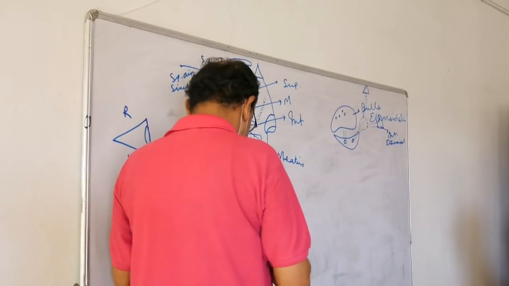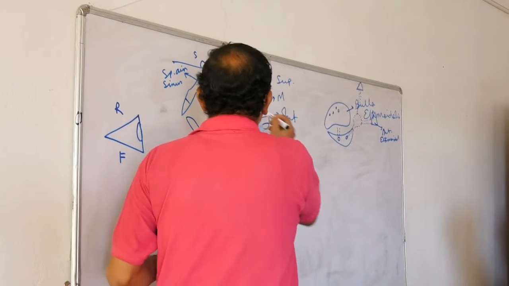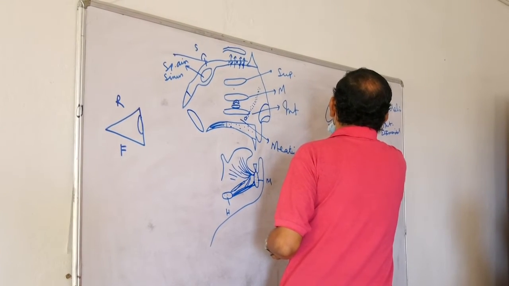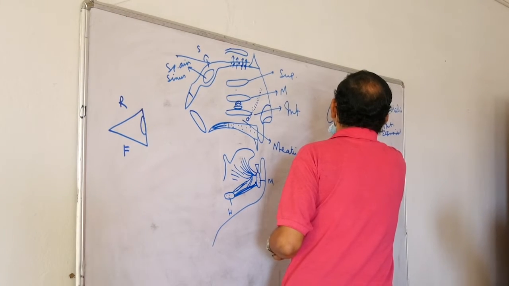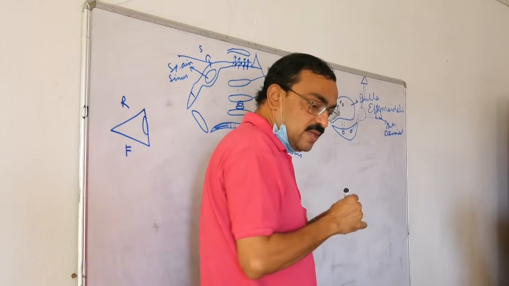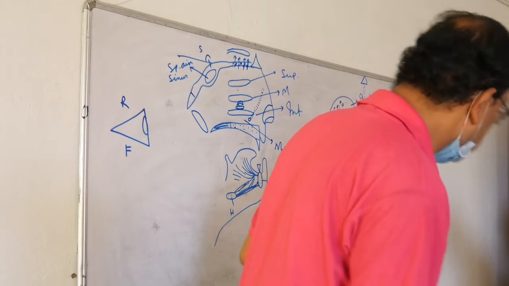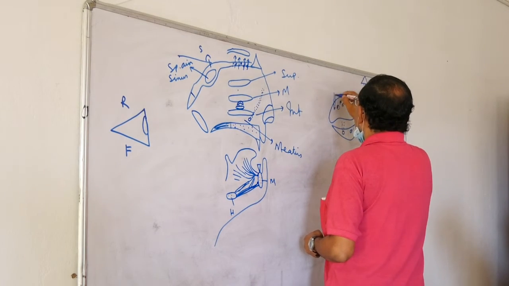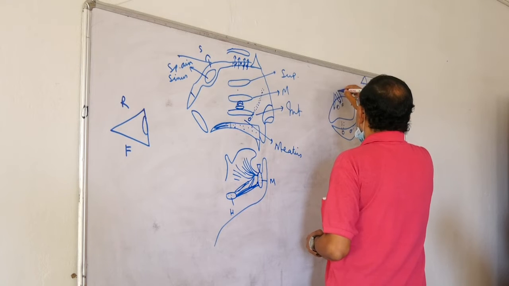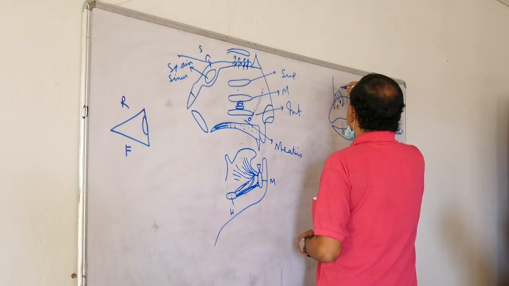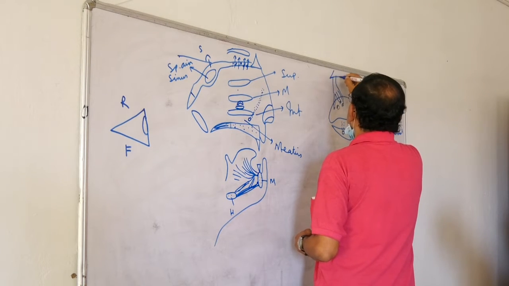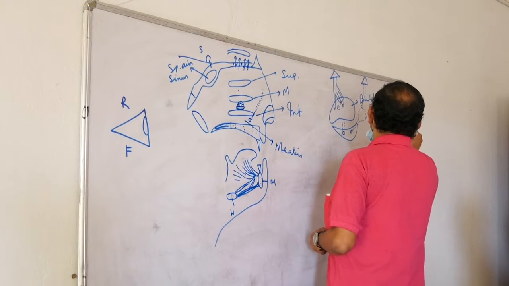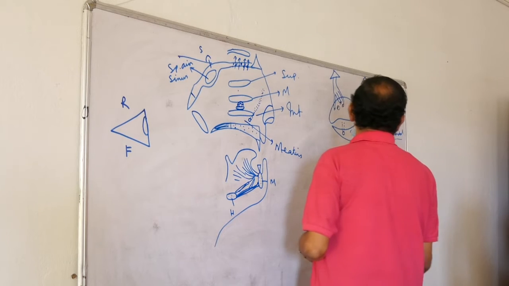Now, this is the bulla, and within the bulla we can find some openings. These are the openings of the anterior ethmoidal sinus.